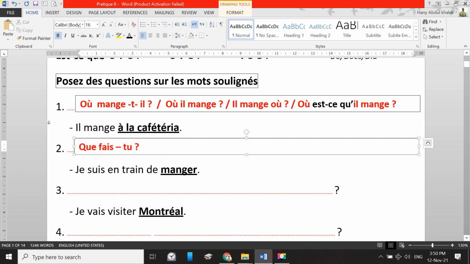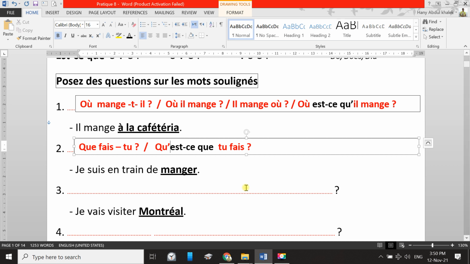And we can say it with est-ce que. If you remember, when we say que, then we say est-ce que tu fais, and I explained in the previous question that we put est-ce que to arrange the sentence, to write it after the question word, then subject, verb, and object if we have. Because we have here two vowels, we will cancel the first one and replace it with an apostrophe to be qu'est-ce que.